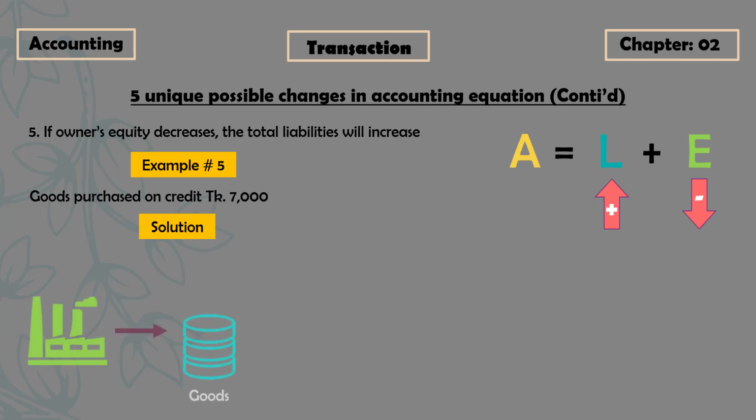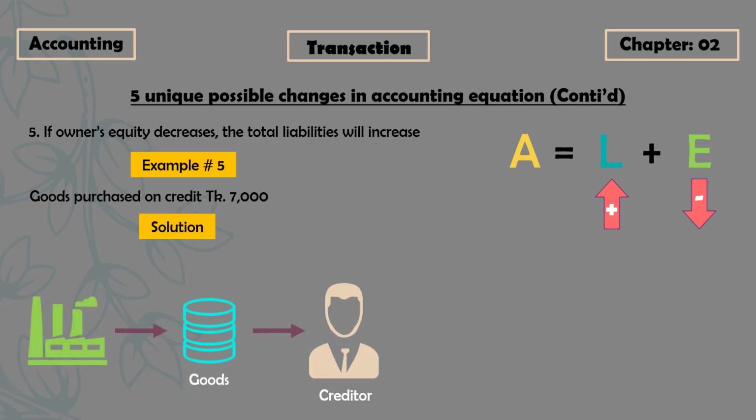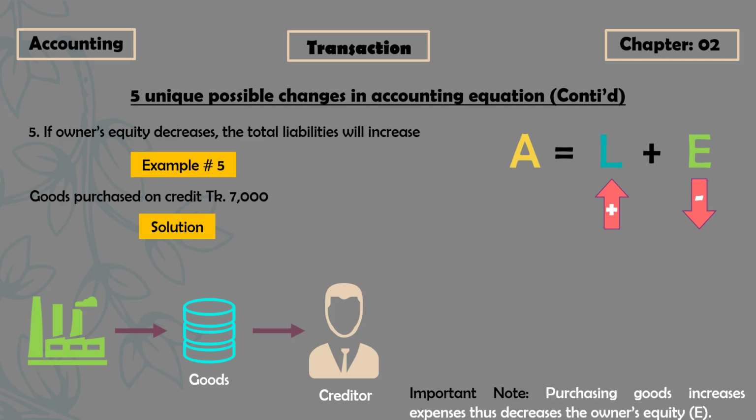Business purchases goods on account, that is from creditors. So for purchasing of goods, it will increase expense, and therefore it will decrease owner's equity. We know expense decreases owner's equity, and because of credit purchase, it will increase liability.